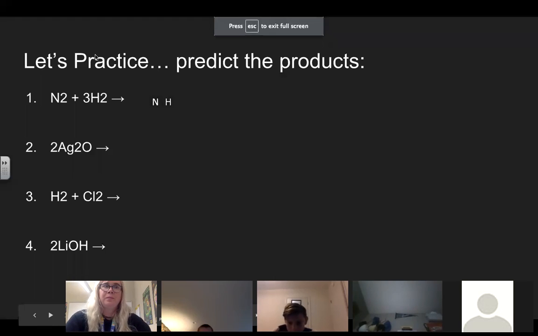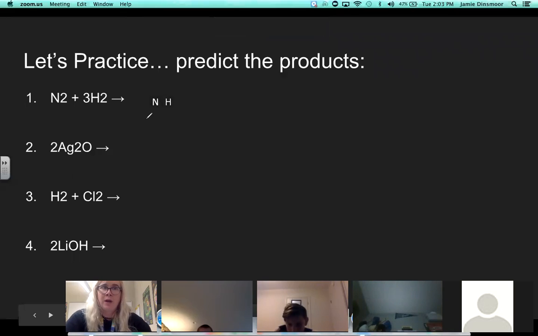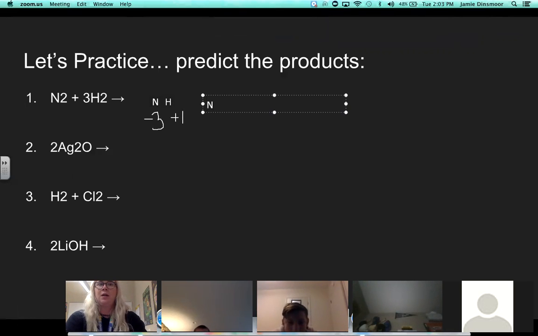So in this case, our nitrogen has a charge of -3, and hydrogen has a charge of what? +1, right? It's group 1, top left corner. So how many hydrogens do we need to go with 1 nitrogen? 3. So all we're going to make here as our final compound is NH with a subscript of 3, right?